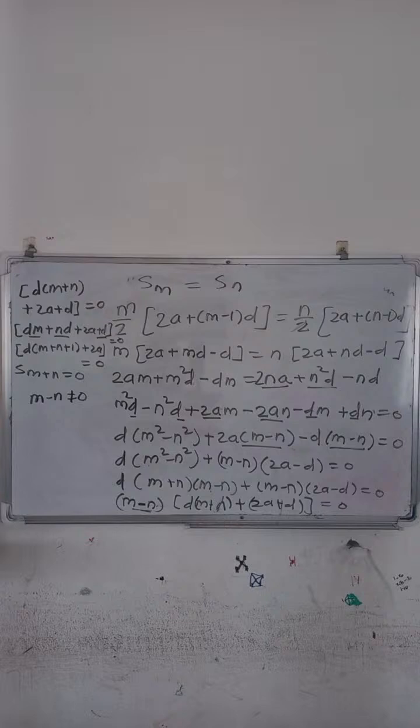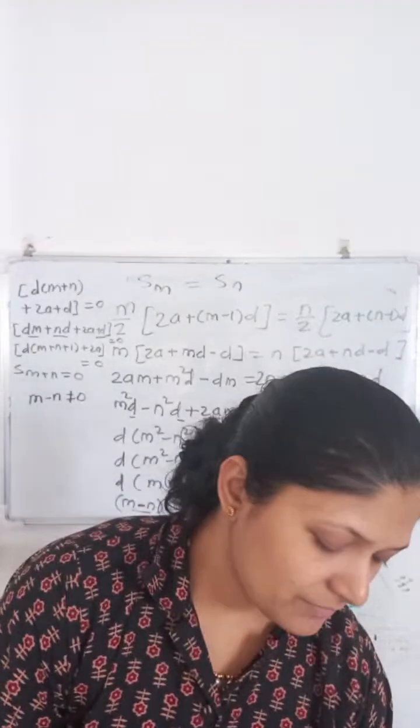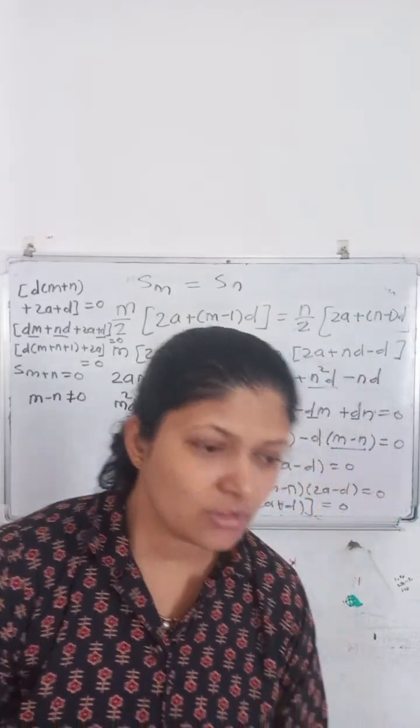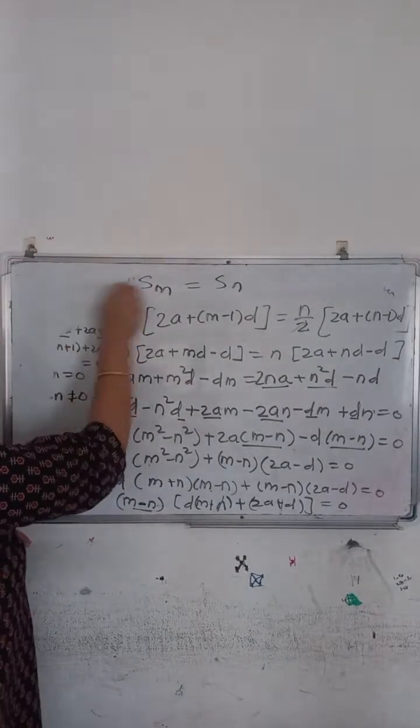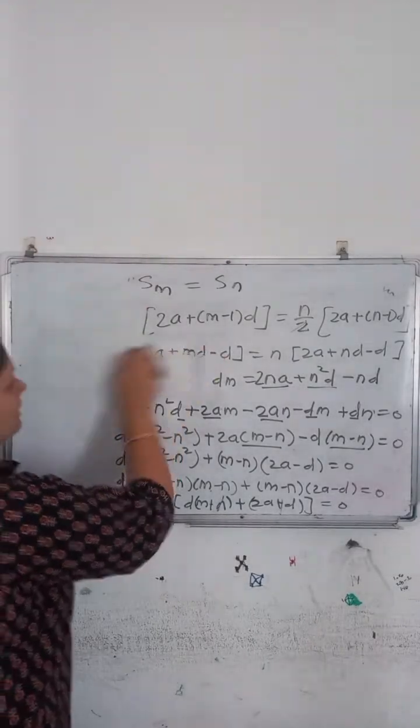How to solve this? The AP is given here. At least find out what A is and what D is. Write down the first term, the common difference, and which formula we can apply. Like this we have to collect the marks.